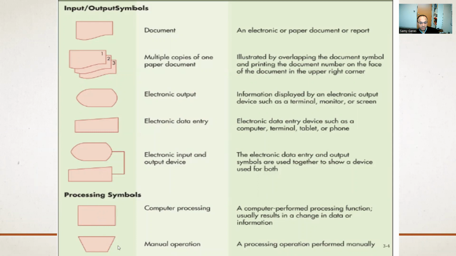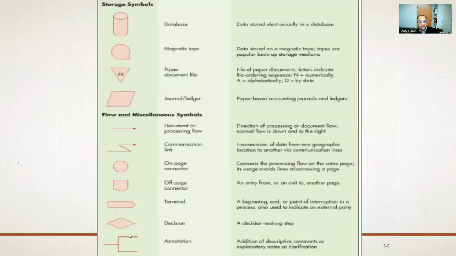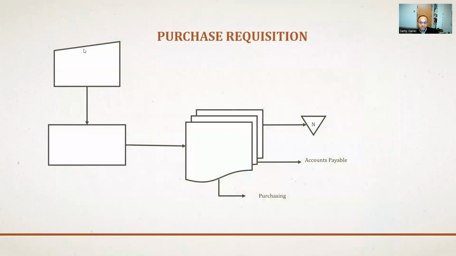If we have this shape, it's manual processing. Then we have the cylinder for the database, the magnetic tape, the reverse triangle, it's the paper document file, and you will see this symbol repeated a lot, and the parallelogram for journal ledger, and then the other symbols for flow and miscellaneous symbol.